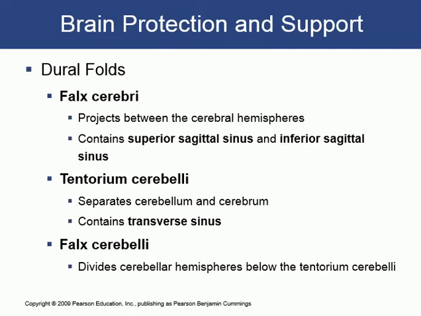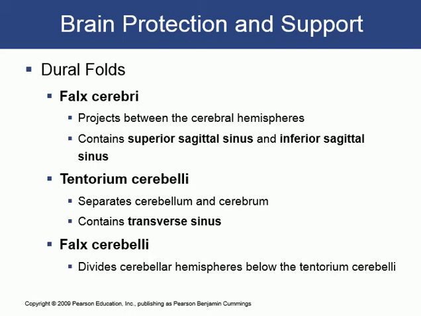We have the following dural folds: falx cerebri. Falx means the separation. So falx cerebri, what's the cerebrum? What are the main parts of the brain again? Cerebrum, cerebellum, diencephalon, and brainstem.